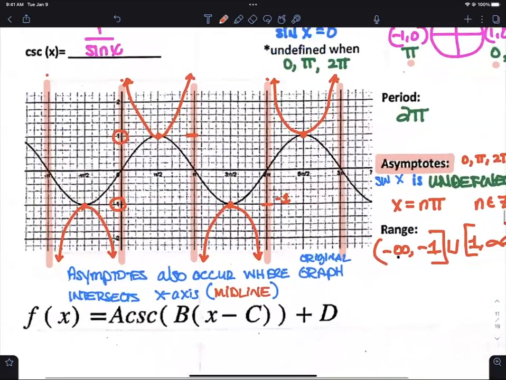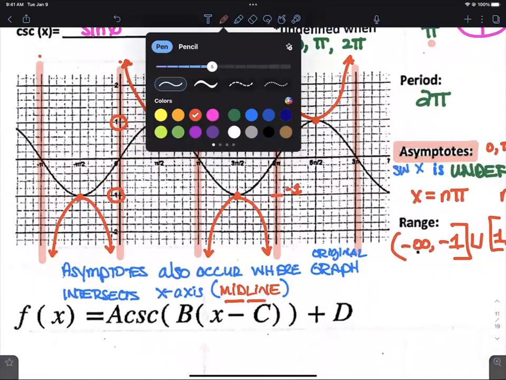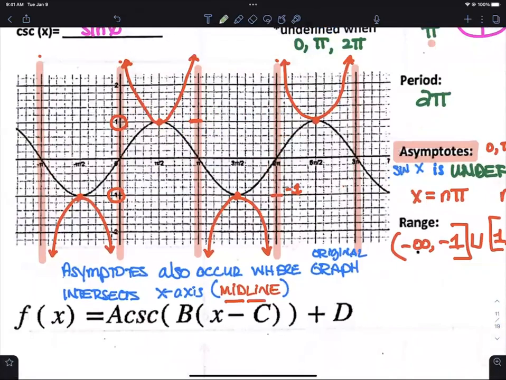Also, the asymptotes occur where the original sine or cosine graph crosses the x-axis, or the midline, as we'll see when we start transforming these. You can see that the asymptotes coincide exactly with these x-intercepts, which is another easy way to figure out where the asymptotes would go.